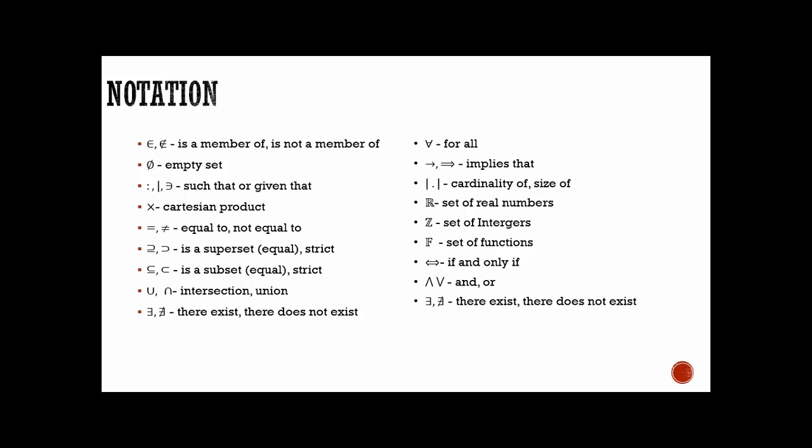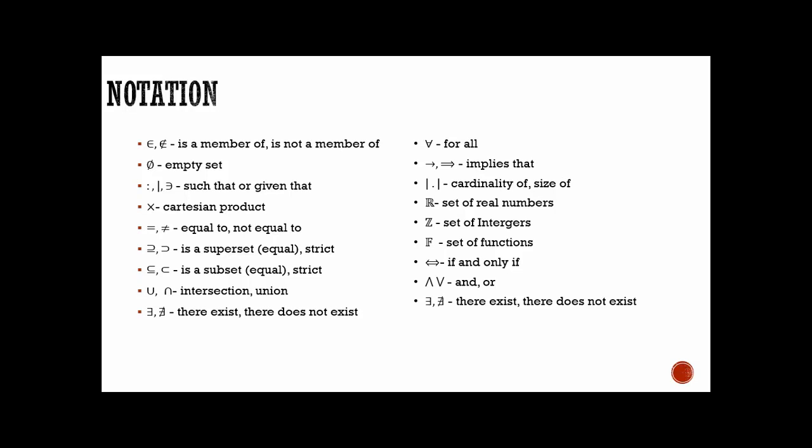The Cartesian product, this you should know, equal or not equal to. A superset, and we're going to see when that applies, which is equal. So this line below it, it's equal or strict. And also we have a subset, meaning that you have defined a set with certain members, and then you can create a smaller set from that group.